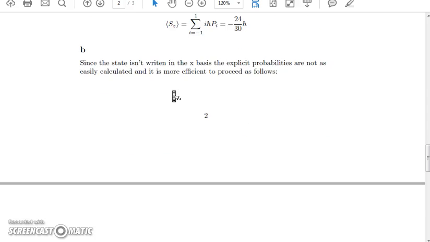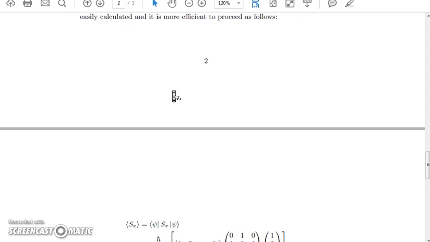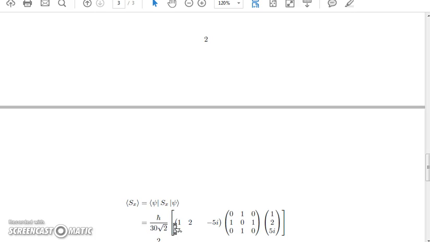Luckily, we have a little shortcut around that because we've shown in class that the expectation value for an arbitrary operator is just, you take the inner product with the operator sandwiched in between the bra and the ket. I think that's called.